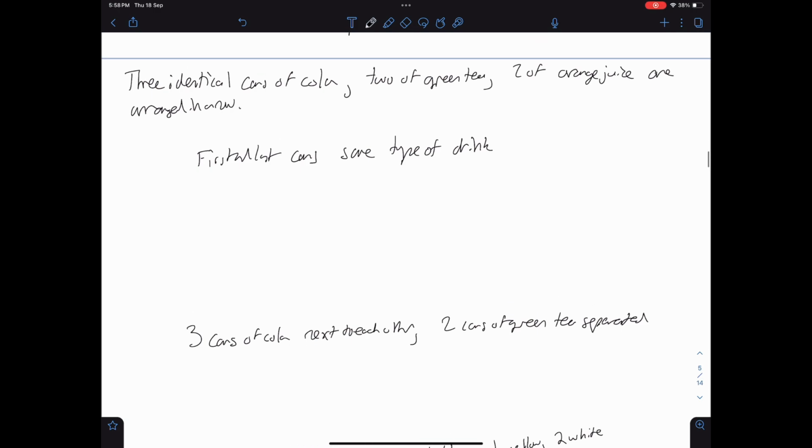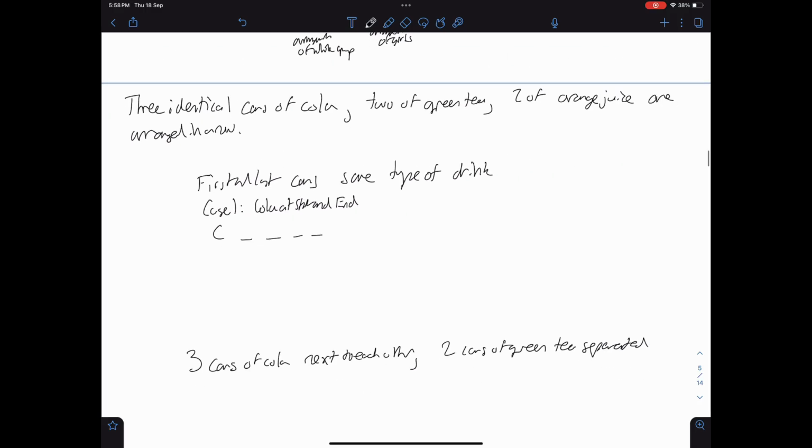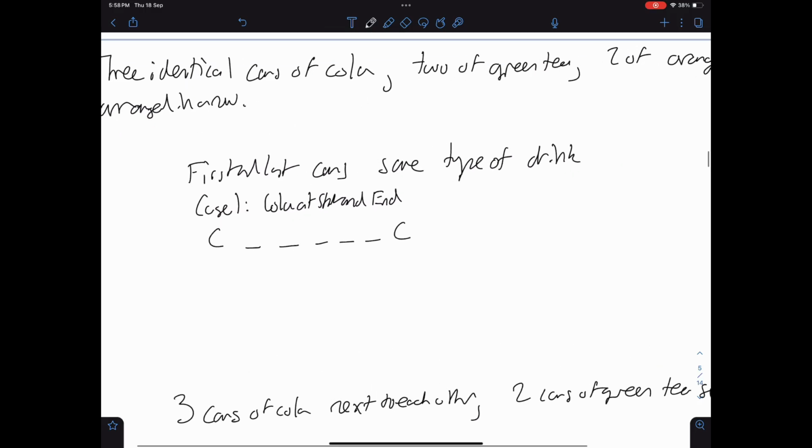So we'll do cases. Case 1, cola at start and end. So it looks something like this. We know that there will be colas at the start and the end.